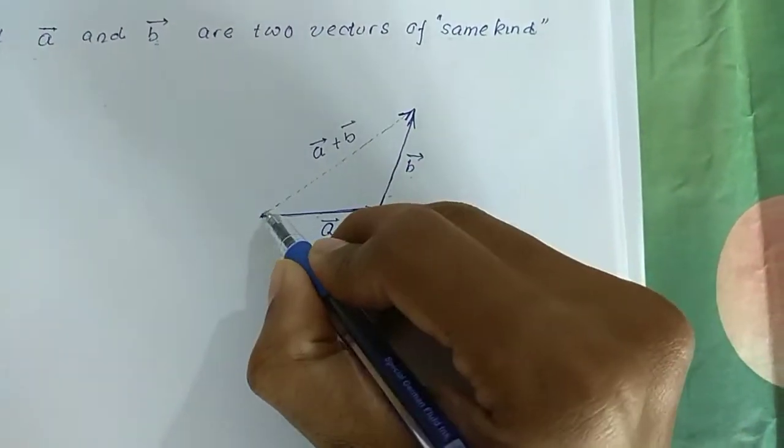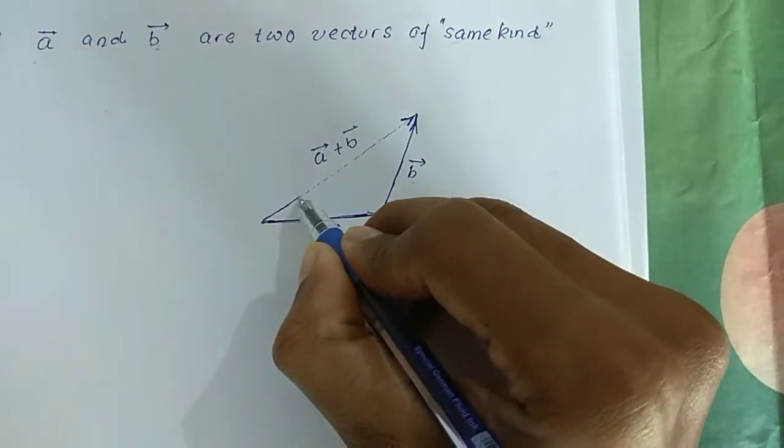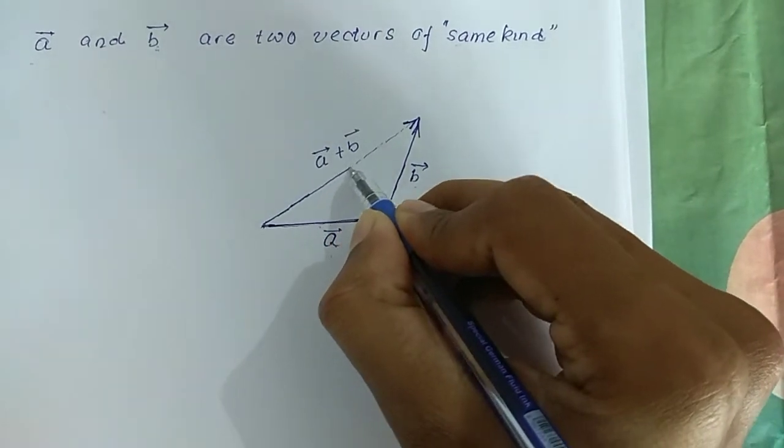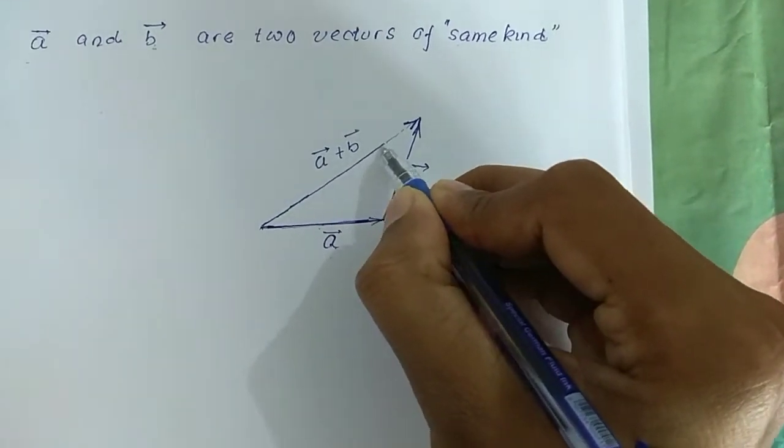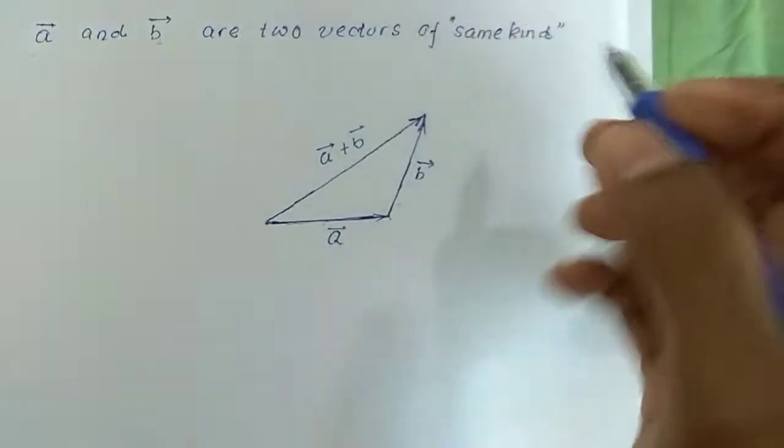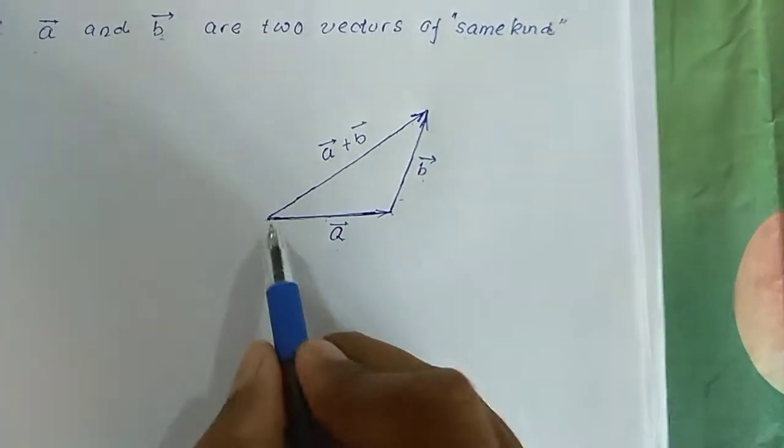The resultant vector is in reverse order.